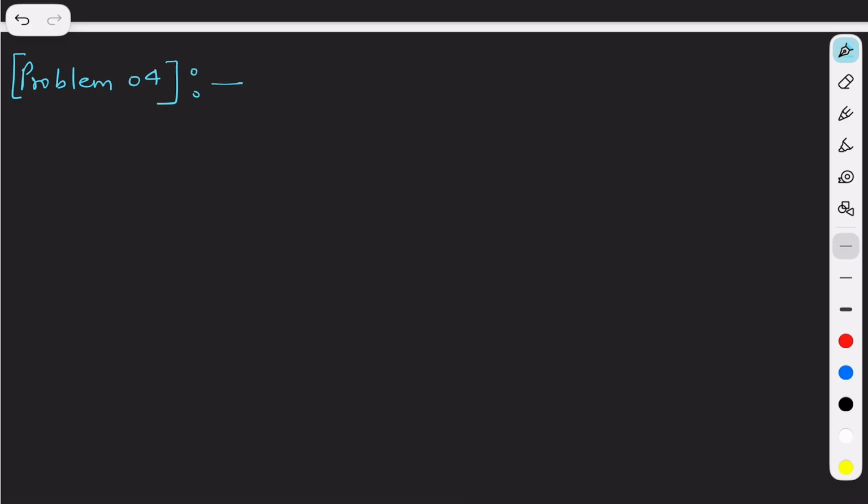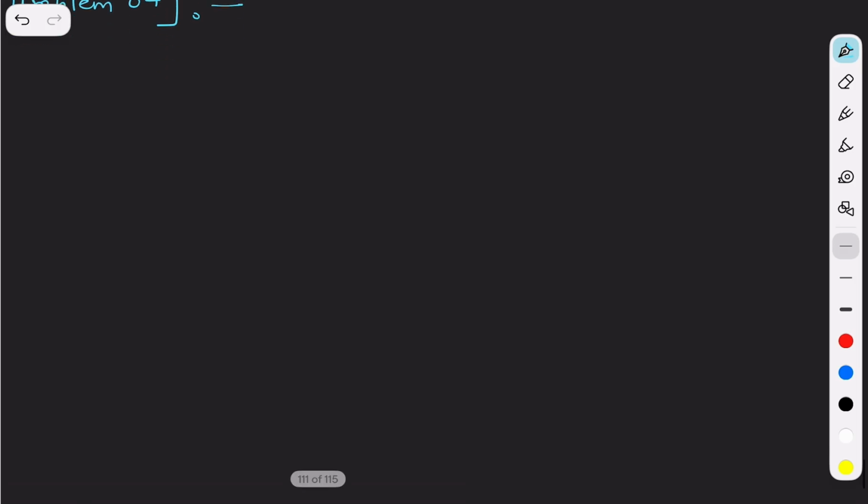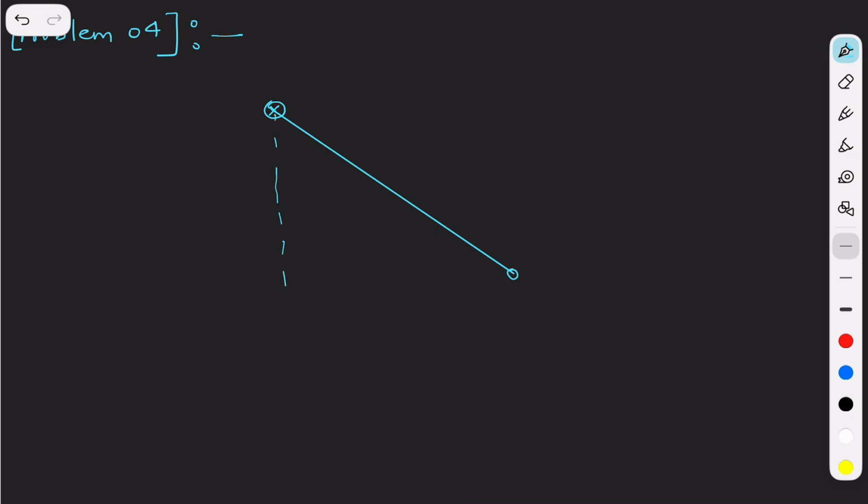This question has come in JEE Advanced, basically when it was not JEE Advanced, it was only IIT JEE. The question says there is a simple pendulum having a string of length 1 meter.